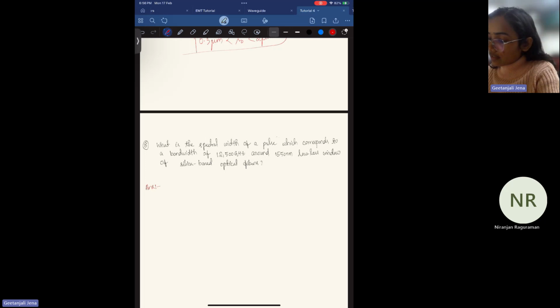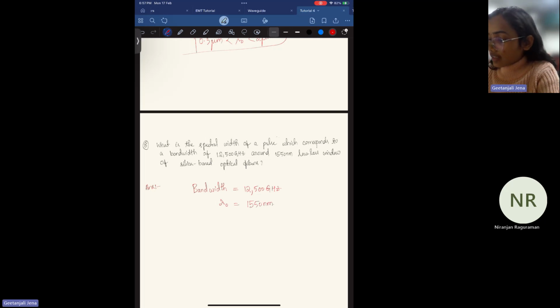So there is a pulse which has bandwidth 12,500 gigahertz, and this bandwidth corresponds to a central wavelength of 1550 nanometer.